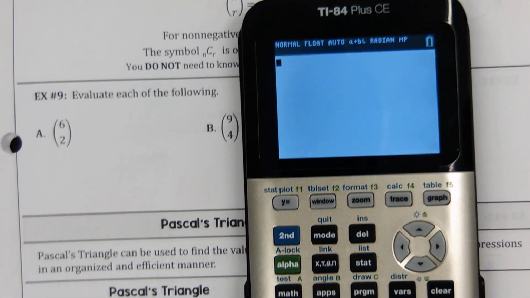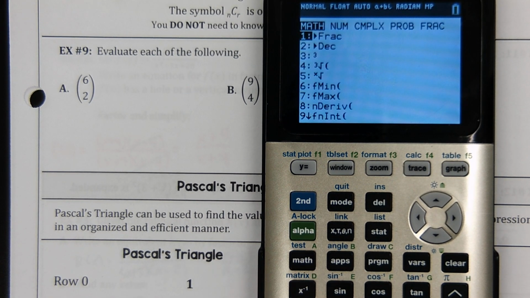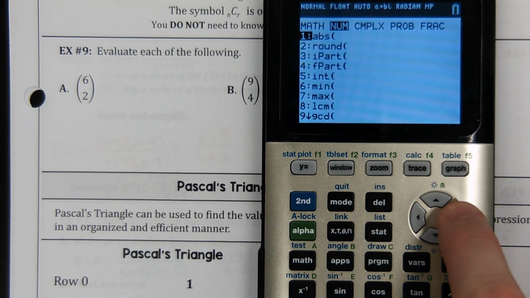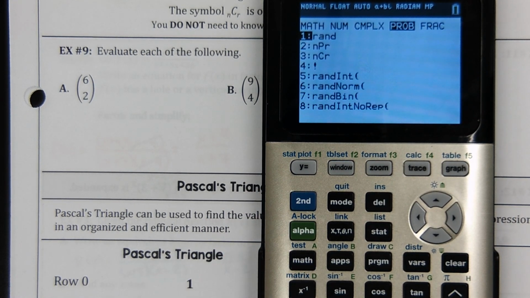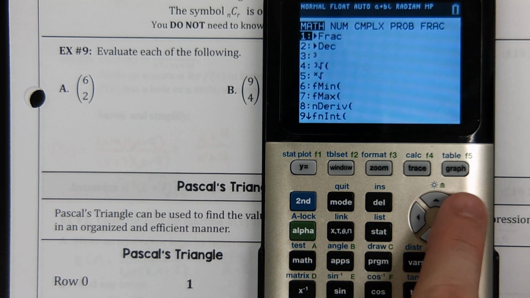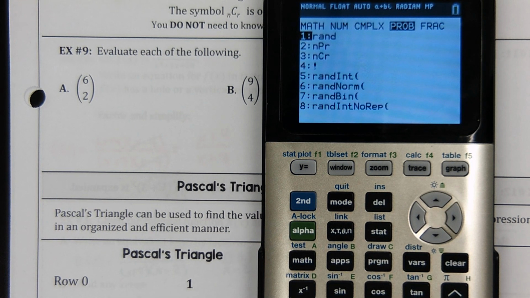The choose function is found in the math commands. So you press the math button on the left side, and it's actually a probability thing. So go over to probability, and it's the third one down, nCr. Okay, one more time. Math, scroll over to probability, and number 3, nCr.